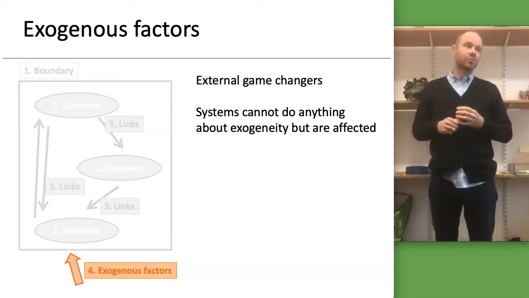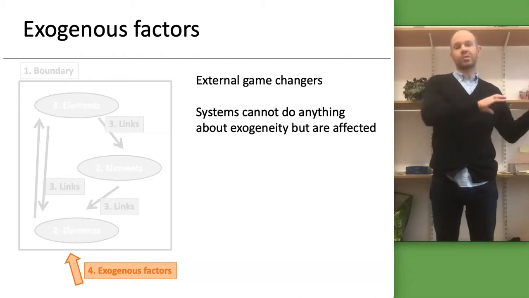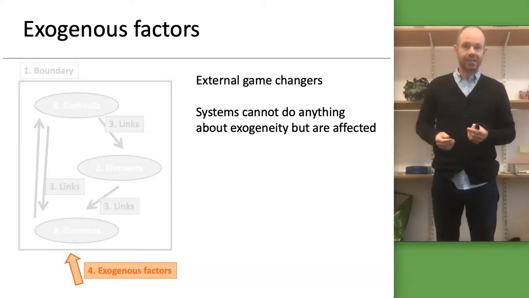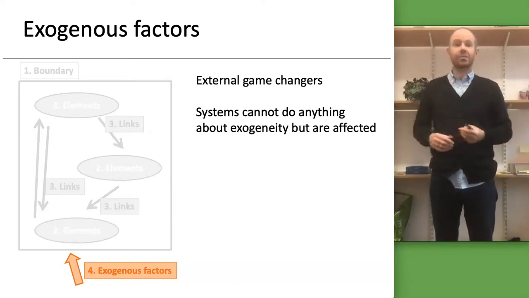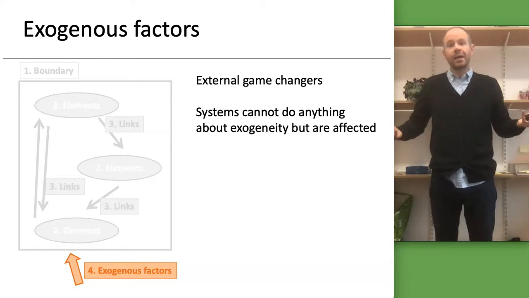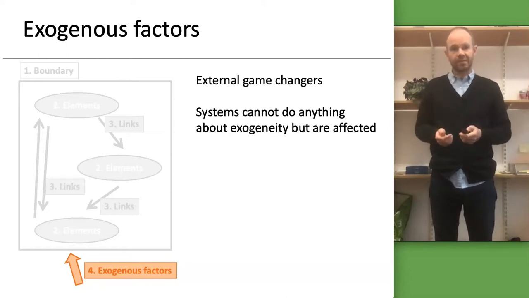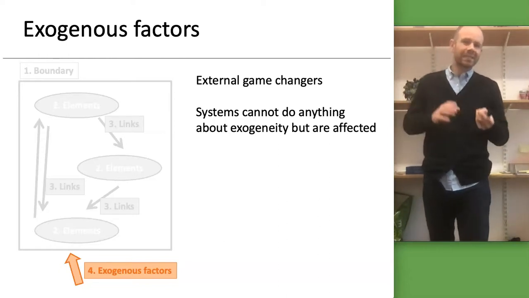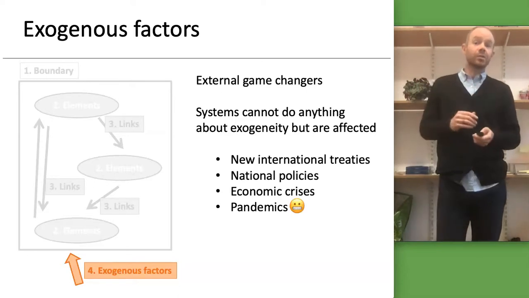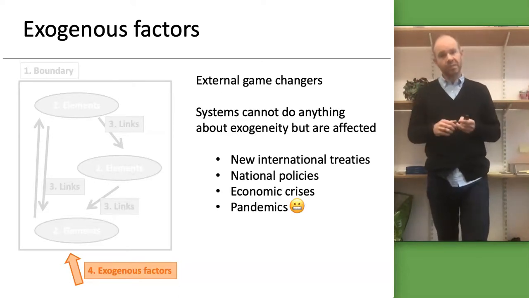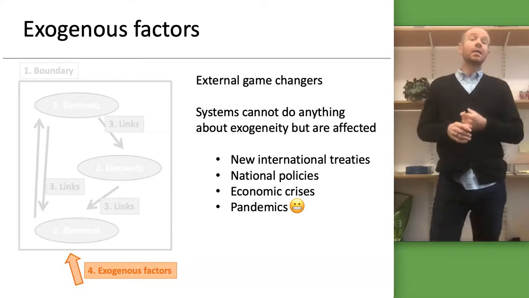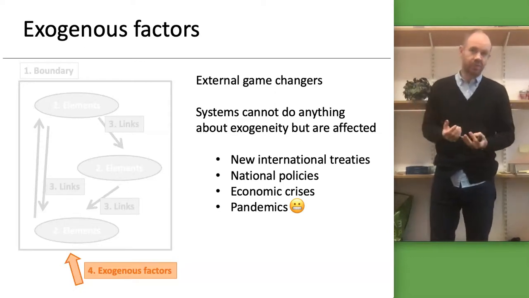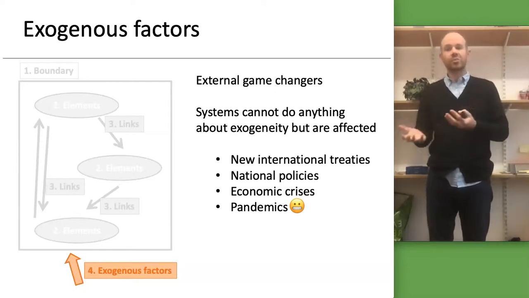Maybe more importantly, because you could probably stop teenagers from partying, every year there was a windstorm that sweeps boulders across the land and kind of crushes the land. There's nothing you can do about that, but those fields are affected, right? So systems can't do anything about this exogeneity, but need to understand it because it's critically important. So like, what are some new international treaties, for example? What is the role of national policies?